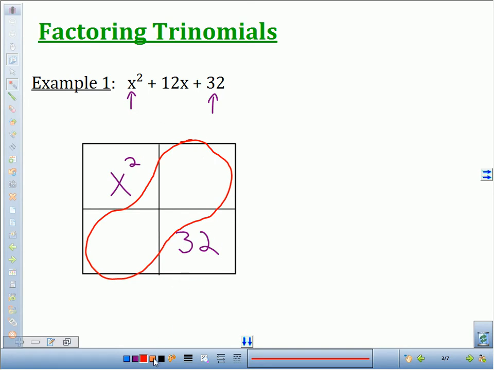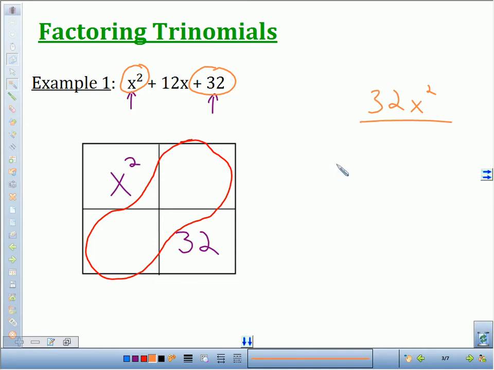Now, to work it out, there is a simple trick we can use. What we want to do is multiply the first term times the last term. So I have x squared times 32. That is 32x squared.